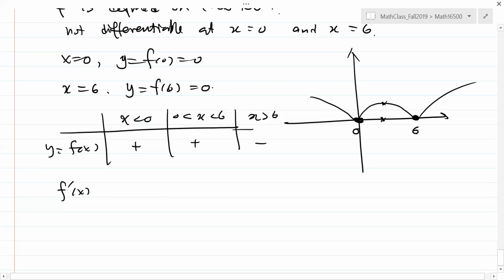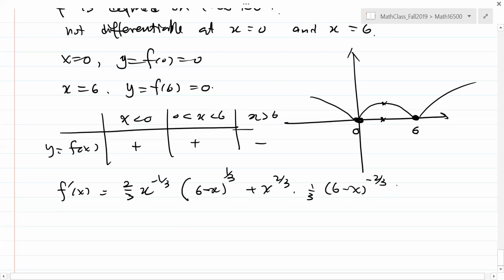At least you should know there's a mistake if you don't get that number. It's going to be by the product rule, plus x to the 2/3, and there is a negative sign.